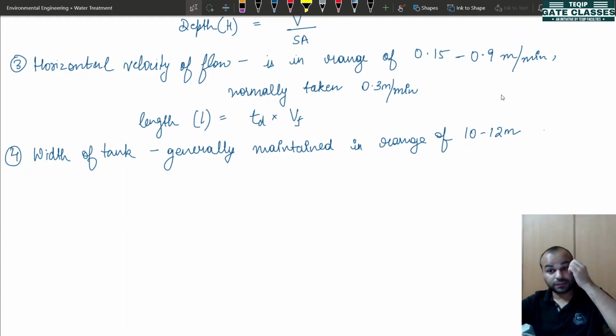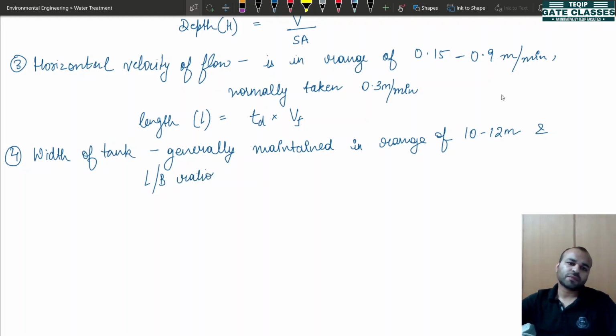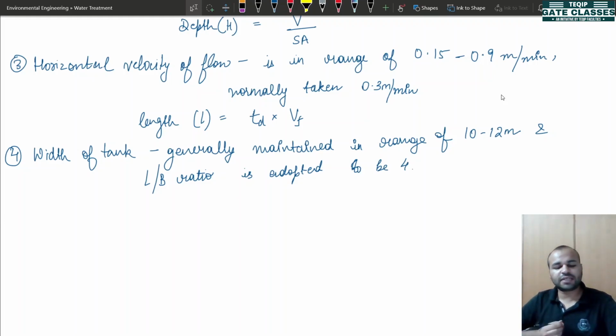Okay. And the L by B ratio is adopted to be around 4. Okay. I have already mentioned that all these tanks are designed for the maximum daily discharge.